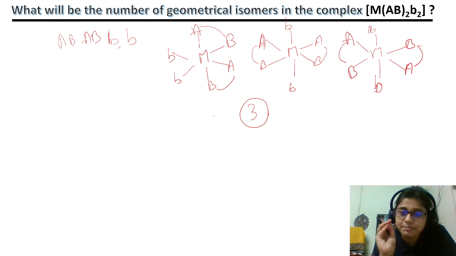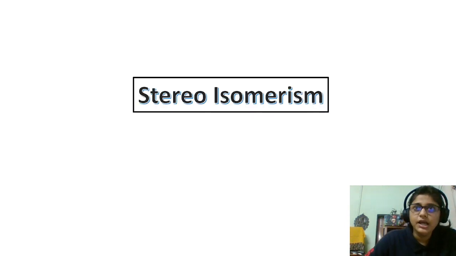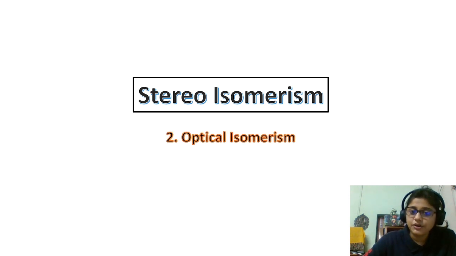Then we will get the structures. Don't get confused. Now stereoisomerism. We are talking of geometrical isomerism.